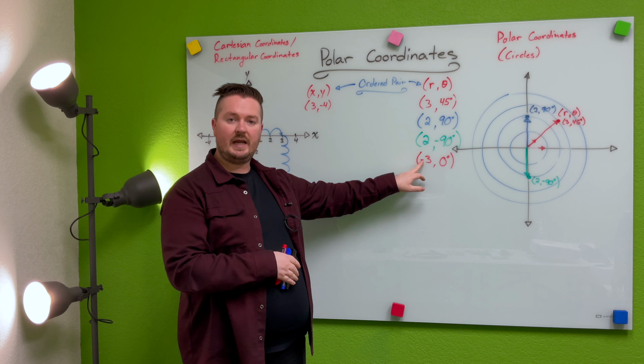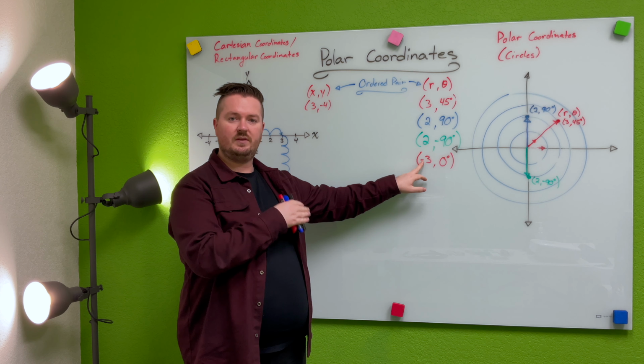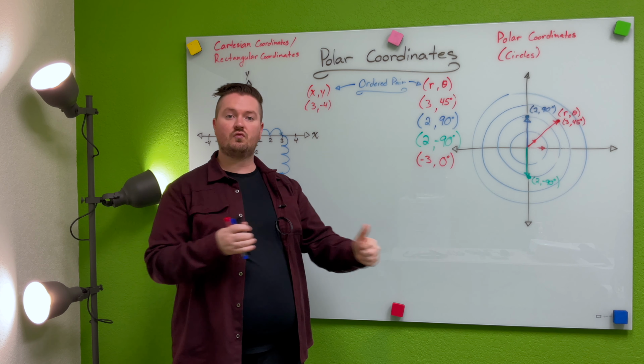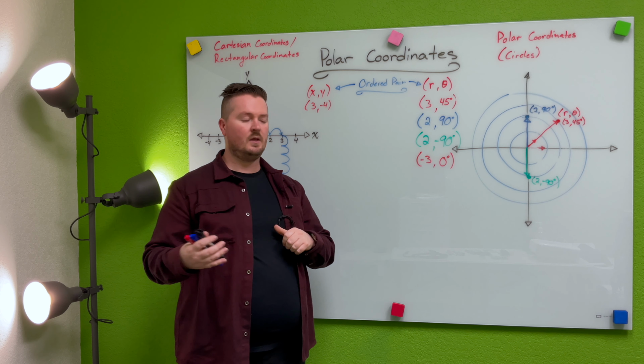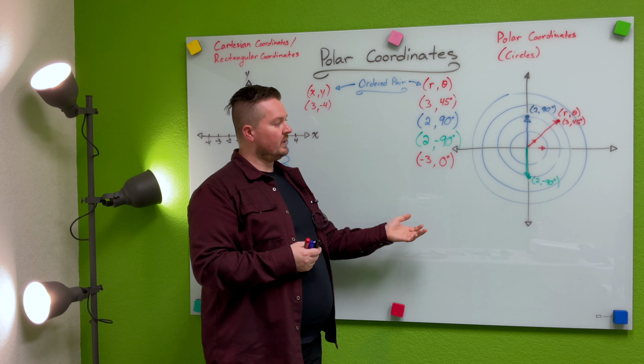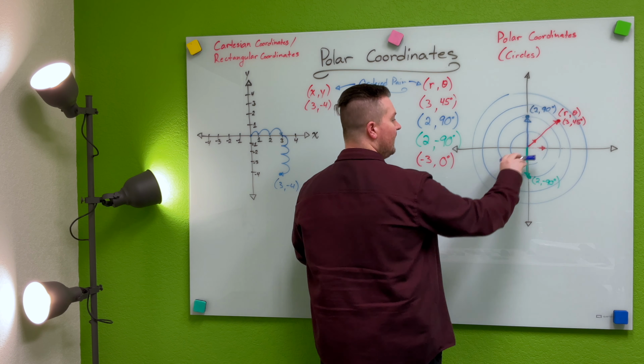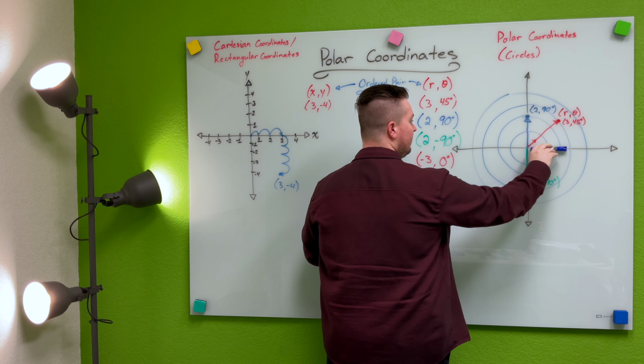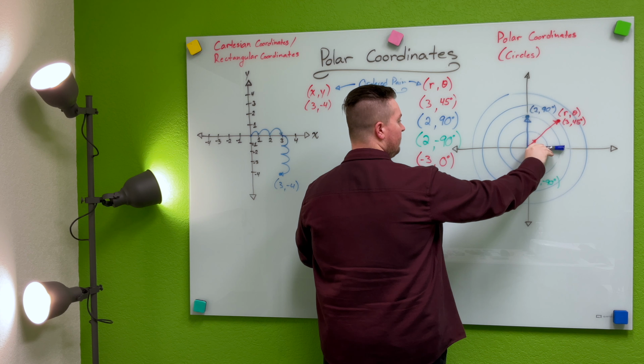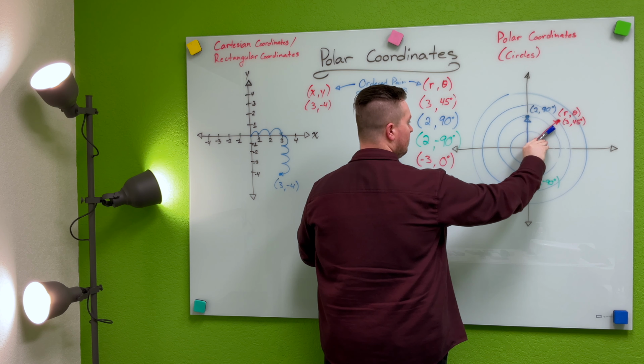But the sign, the positive or negative sign of this number, tells us which direction we want to go. So in polar coordinates, as we've seen, we need to think about this as if we have an arrowhead facing out in a certain direction, then we're going to turn to an angle.